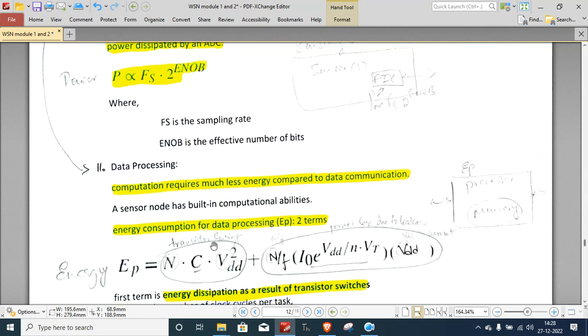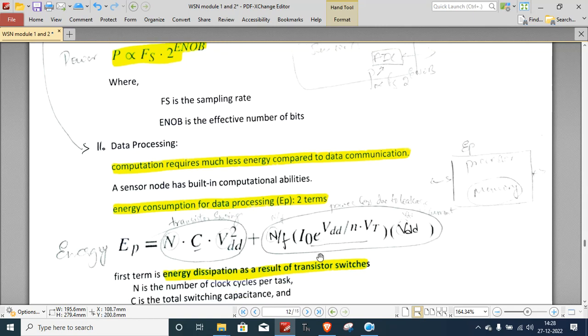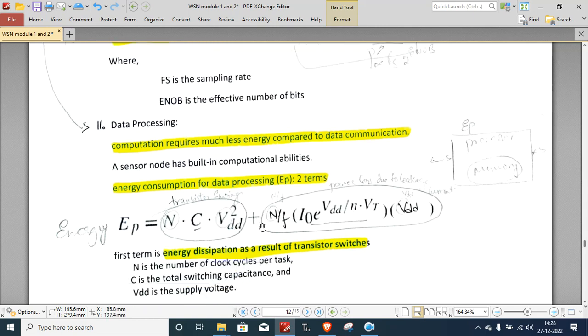The energy spent due to the transistor is given as N times C times Vdd squared, and in the second term we have again N divided by F, then Vdd squared, and here just Vdd, and in place of C we have the leakage current I naught times e to the power Vdd divided by n Vt, where N is the number of clock cycles per task and C is the total switching capacitance and Vdd is the supply voltage.